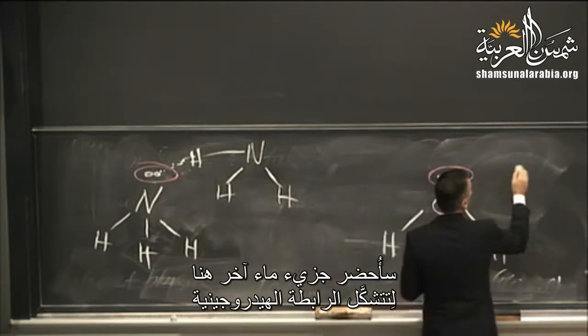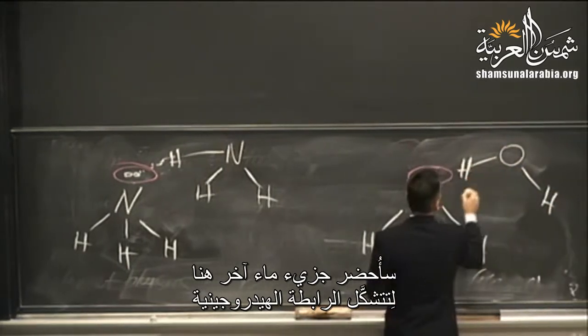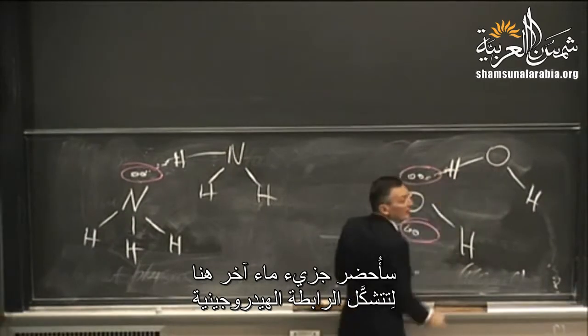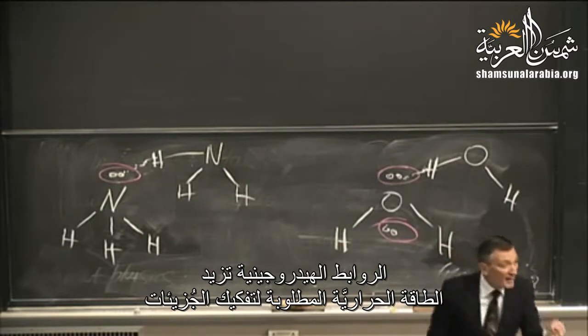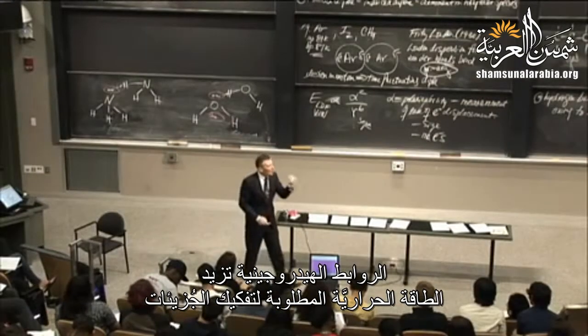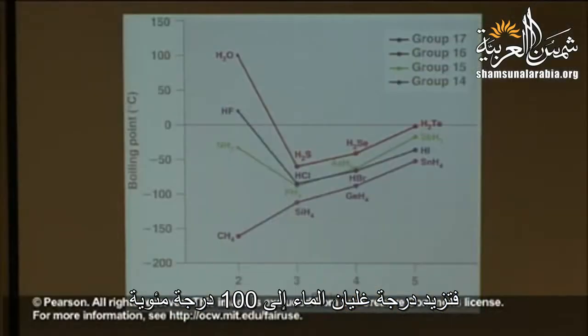I bring another water molecule over here, and hydrogen bonding. And that hydrogen bond raises the temperature, raises the requirement for thermal disruption, and moves the boiling point of water up to 100 degrees Celsius.